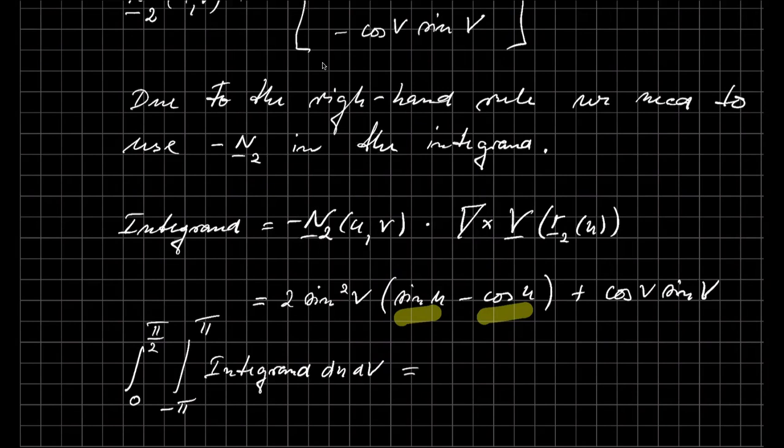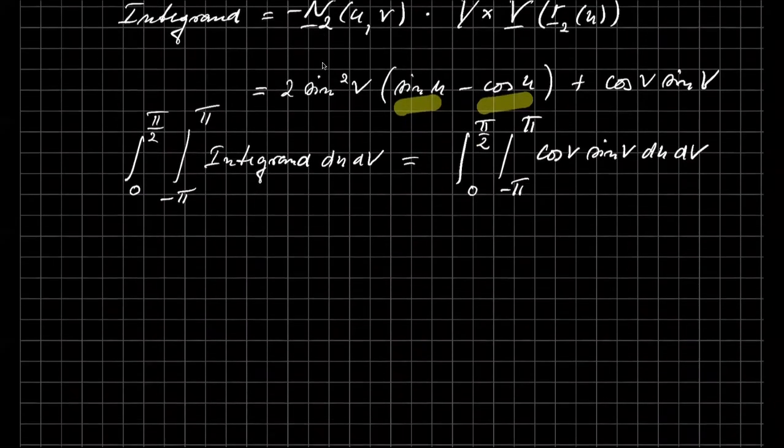So this is equal to the integral from 0 to pi half, and then from minus pi to pi, of cosine v times sine v du dv. The integrand doesn't depend on u, so the integral from minus pi to pi is simply 2 pi.